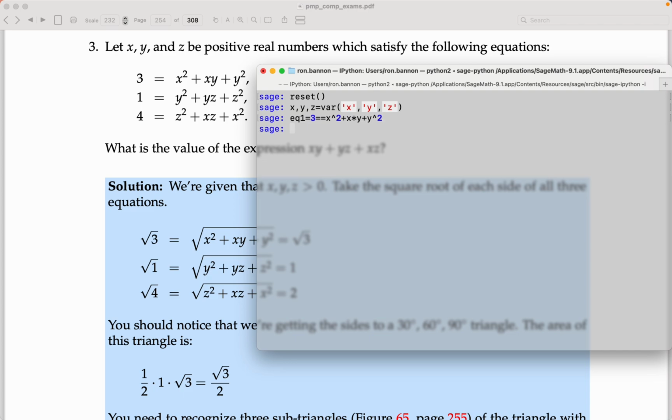All right, next one, I'm going to say equation two. That's EQ2 assigned to the equation 1 equals y squared plus y star z plus z squared. Now I'm going to do equation 3. That's EQ3 assigned to the equation 4 equals, the double equal sign is read as equal, by the way, z squared plus x times z plus x squared.